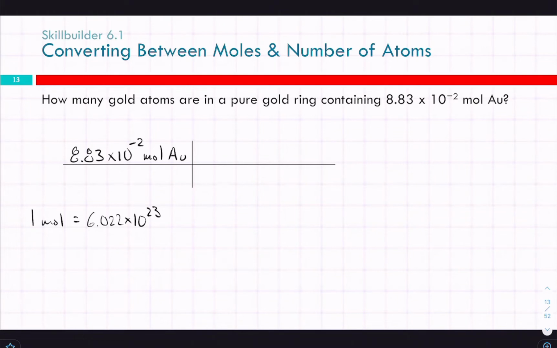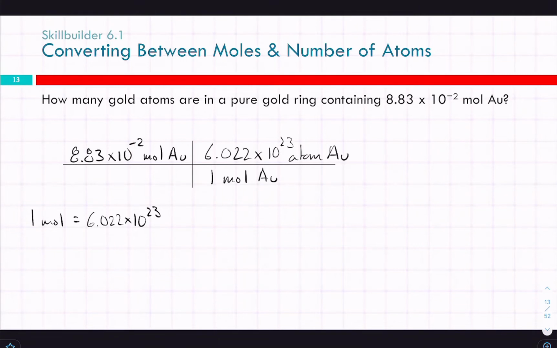So how would we set up this conversion factor? Yeah, so moles on the bottom this time because we're starting with moles. So 8.83 times 10 to the negative 2 moles of gold, 1 mole of gold, and then 6.022 times 10 to the 23 atoms of gold.